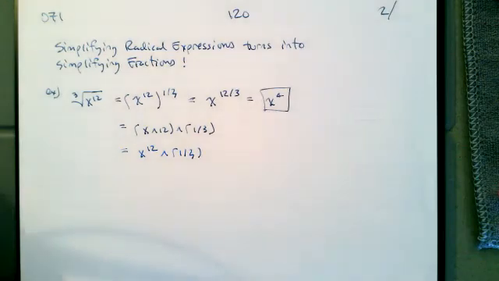So for the cube root of x to the 12th, the index of the radical is the denominator of the exponent.